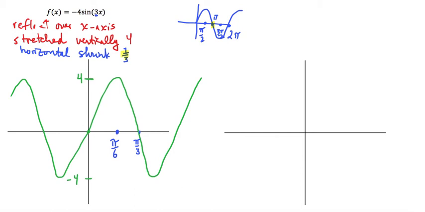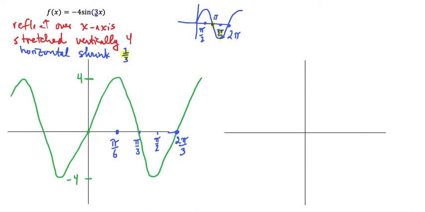So we multiply that by 1/3, and we get 3 pi/6, otherwise known as pi/2. And then 2 pi times 1/3 is going to give us, at this point right here, 2 pi/3. Okay. So this kind of changes everything that we have here along the x-axis.